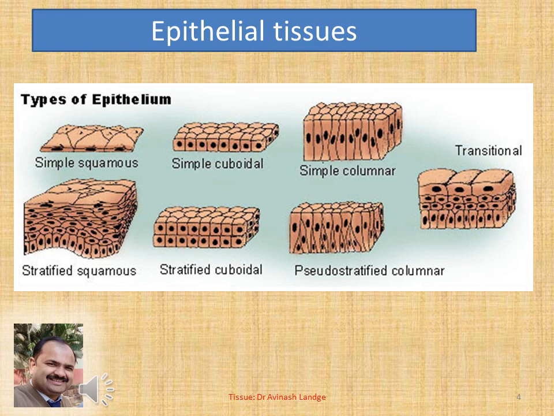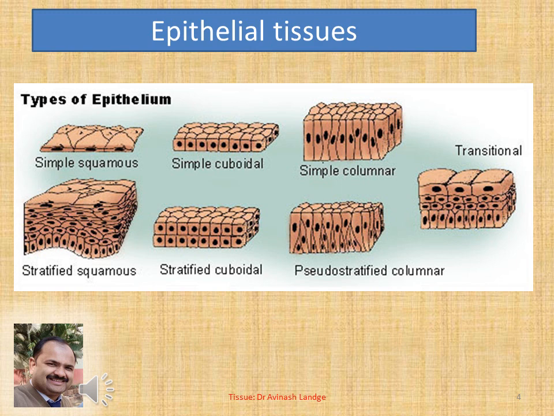There also this cuboidal epithelium is present. It is involved in absorption, excretion and secretion. It provides mechanical support to the different body parts. So this was about cuboidal epithelium.